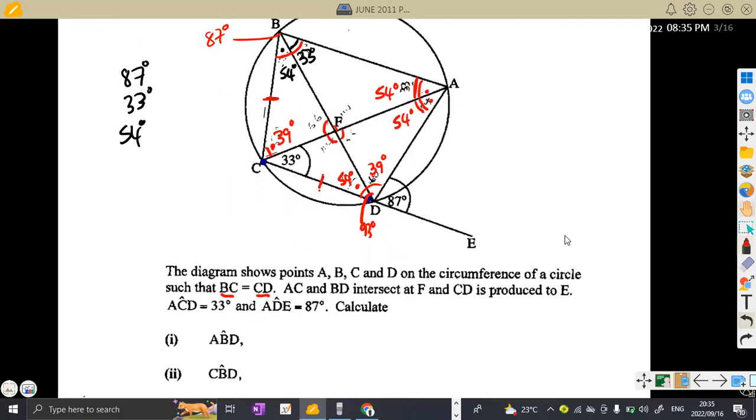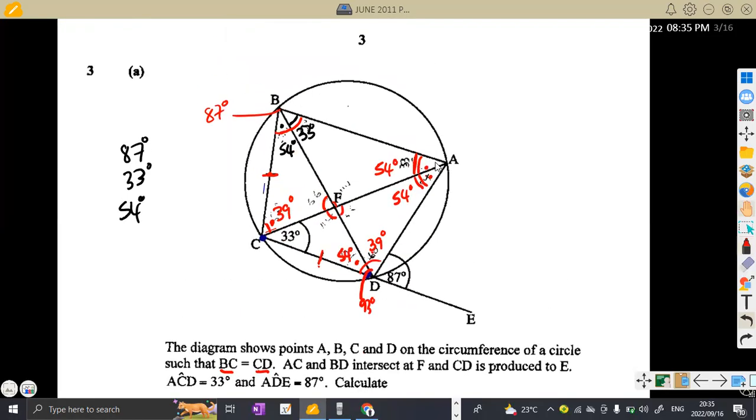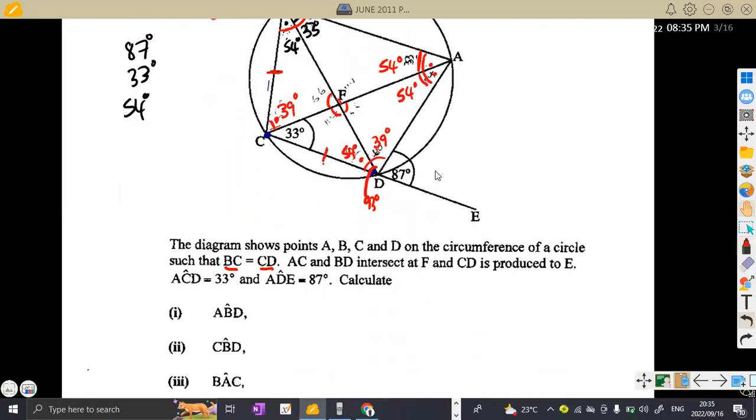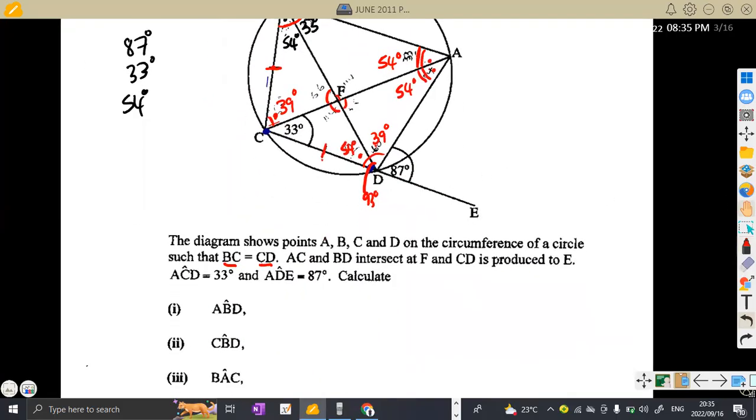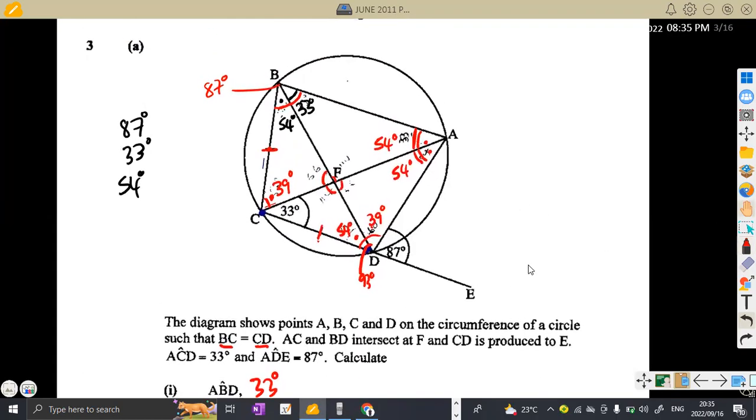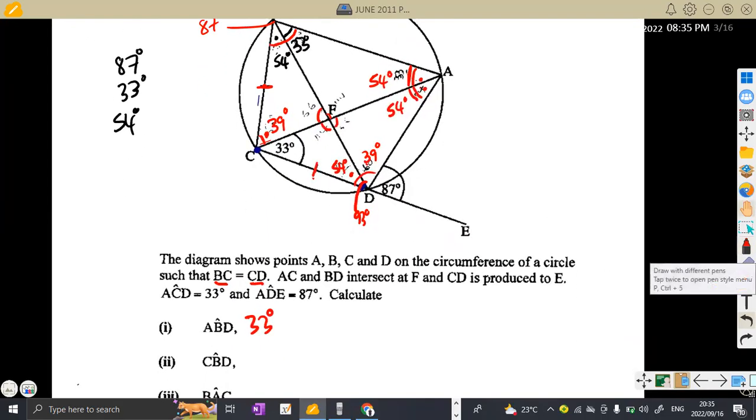So we need ABD. A, B to D is 33 degrees, which we already have here. CBD, from C to B back to D, we said it's 54 degrees, so we write our answer here.